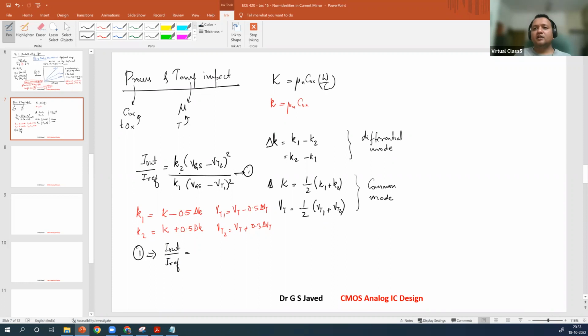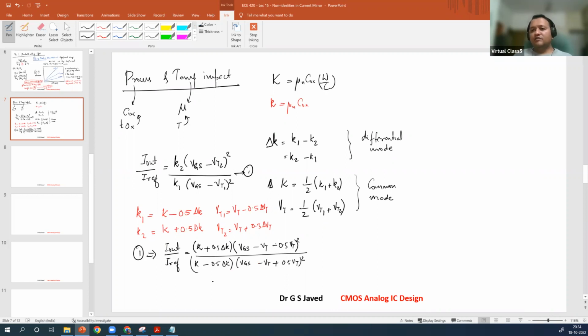Now K1 becomes K, K2 is K plus 0.5 delta K, multiplied by VGS minus VT plus 0.5 delta VT whole square, and the denominator would become K minus 0.5 delta K, times VGS minus VT minus, plus because of the negative term, 0.5 delta VT the whole square.